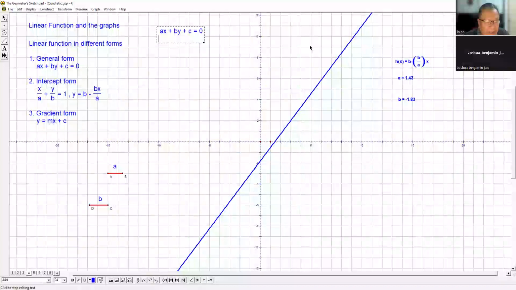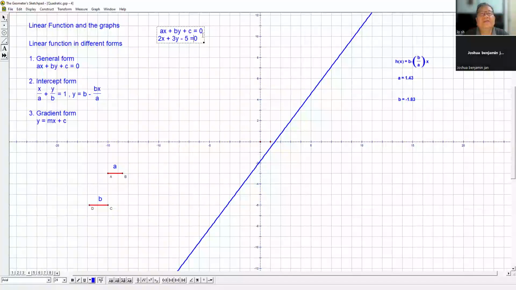Actually, it means something like 2x plus 3y minus 5 equals to 0, something like that, right? So ax means maybe 2x, maybe 3x, maybe negative 4 over 5 x, something like that.